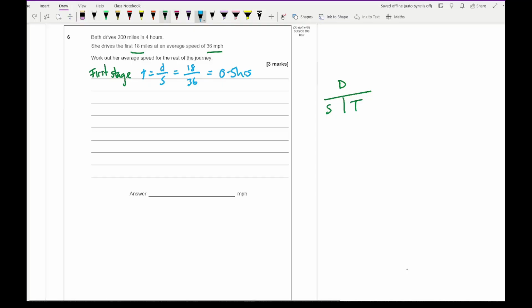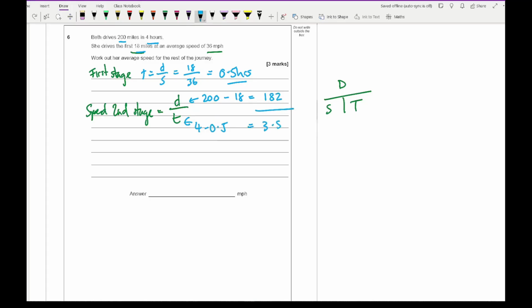So for the average speed of the second stage, what I need to know is the distance over the time. So the distance is going to be 200 minus 18, which is 182, and the time is going to be 4 hours, take away the duration of the first stage, which is 0.5, which gives me 3.5.